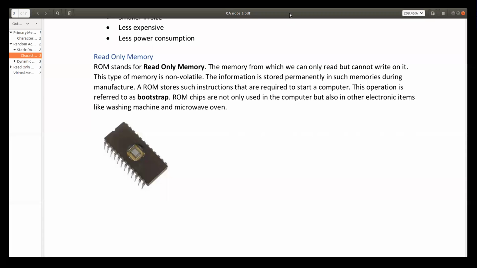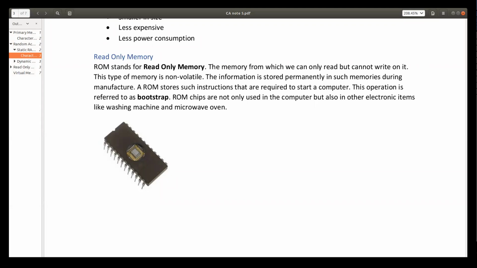Why read-only memory? It is read-only memory because if you see in the RAM, you can read data from the RAM as well as you can write data.